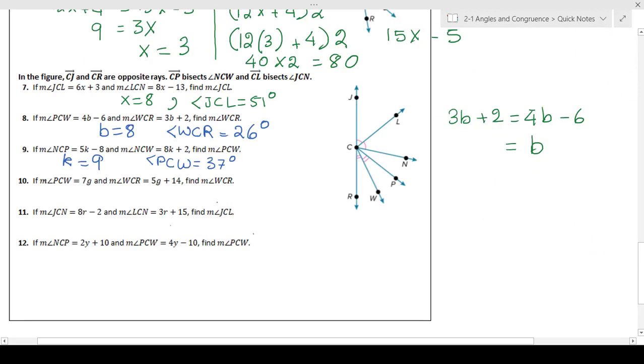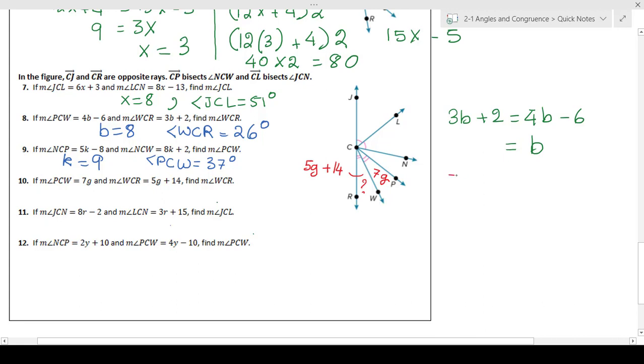Now, number 10. If he gave me the measure of PCW equals 7G, and the measure of WCR is equal to 5G plus 14, then find the measure of WCR. Now, we know that these two angles are equal from the drawing, the same sign.